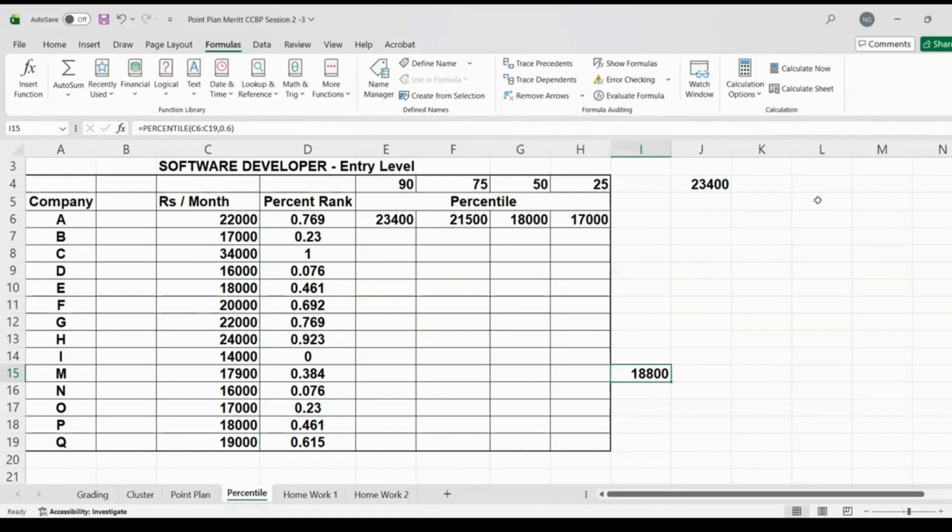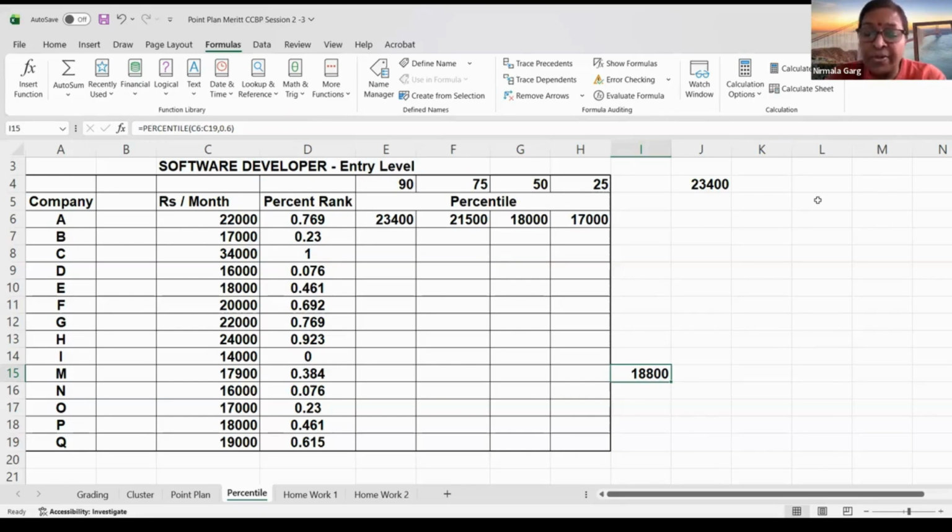Now, what does it mean? I want to clarify this: when you collect data, why do you calculate P50, P75? You will calculate P75 if you want to position at 75, and P90 if you want to position at 90. Typically, if there is a salary survey, it will be given. I will show you the salary survey also.